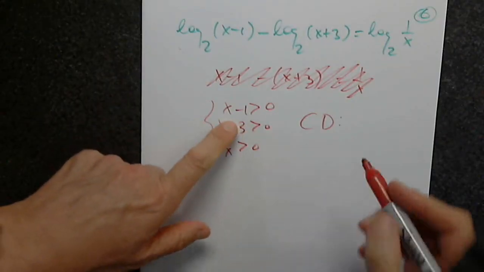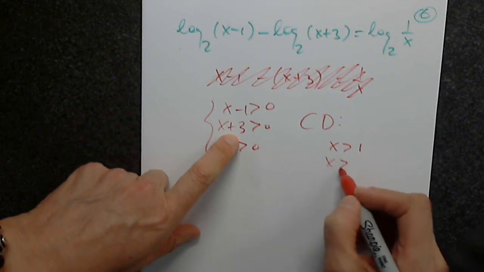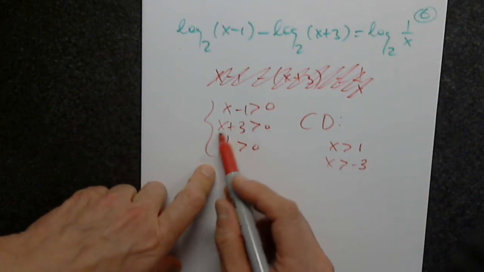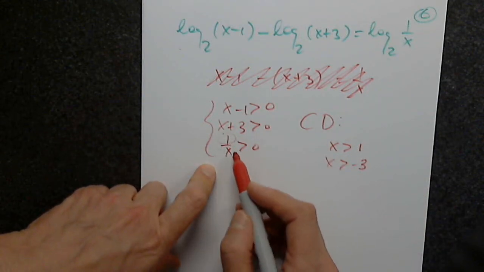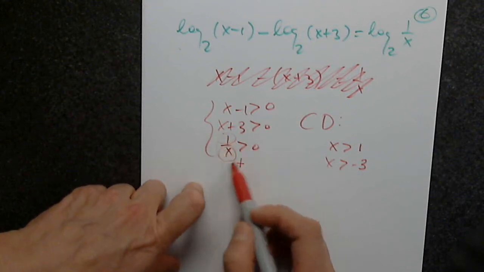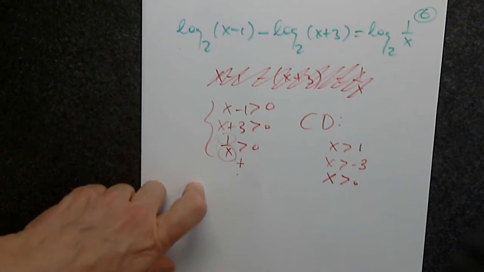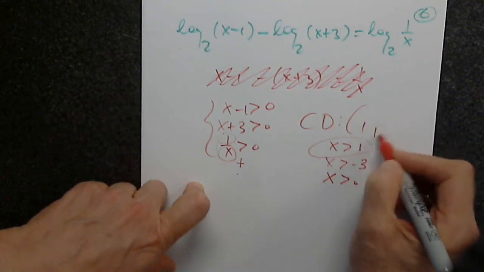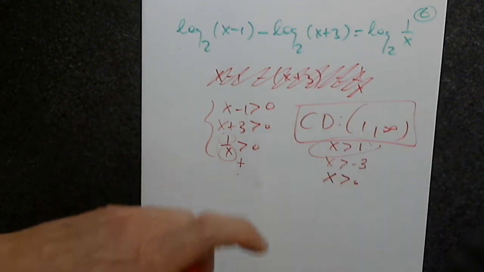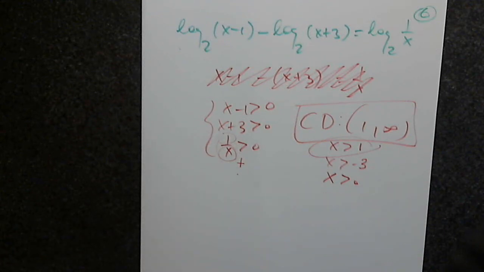So as you see, this one is greater than 1. This one is greater than negative 3. And of course, if this is a positive number, which it is, this must be positive for the fraction to be positive. So this is the common domain, 1 to infinity. If I don't get an answer that is between 1 and infinity, I will have to drop it.